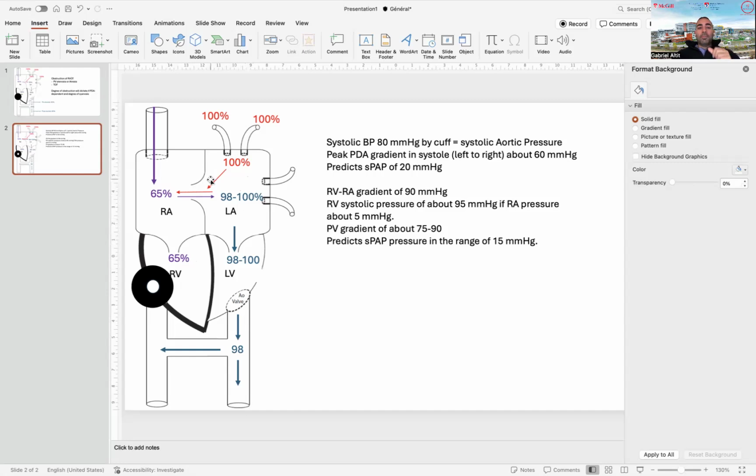And so because it is bidirectional, there may be little traces of blue blood entering the systemic circulation, but most of the time this patient was satting 100%. So we get 100%, 100%, 100%, eventually 100%, and you get PDA flow that is left to right, also increasing the saturation of oxygen recirculating through the lungs.